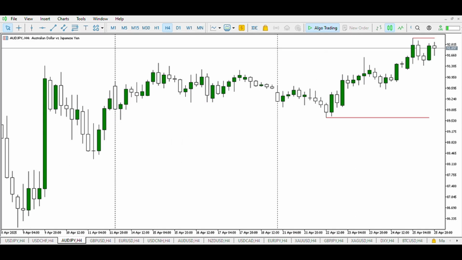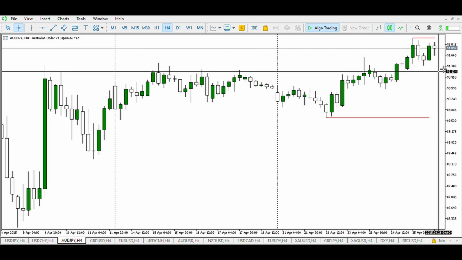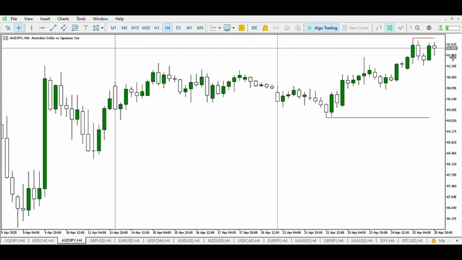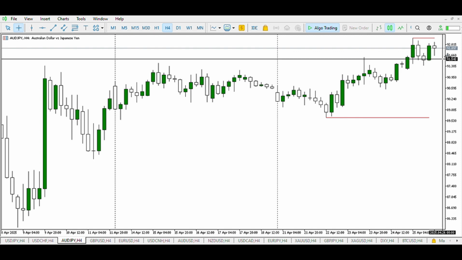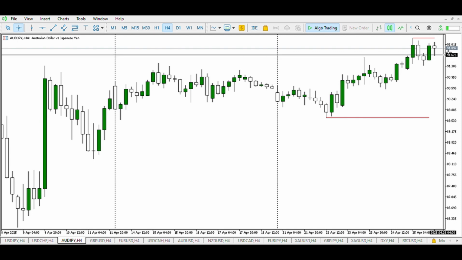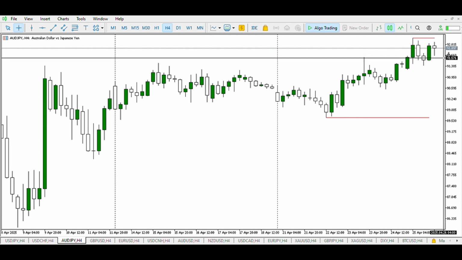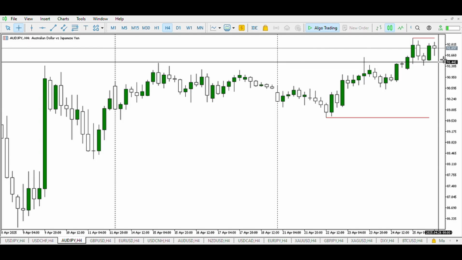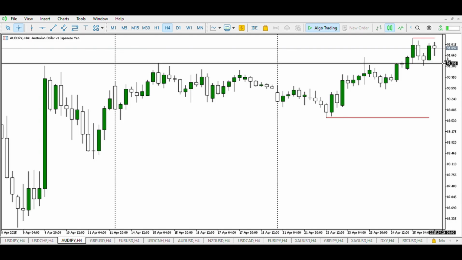On AUD JPY, we can see price closing near to the high of the previous week. So by the market open, we can expect a consolidation and for the high to be taken out and for price to give a healthy formation for a counter trend. So we can conclude that the Australian dollar would weaken against the Japanese yen.